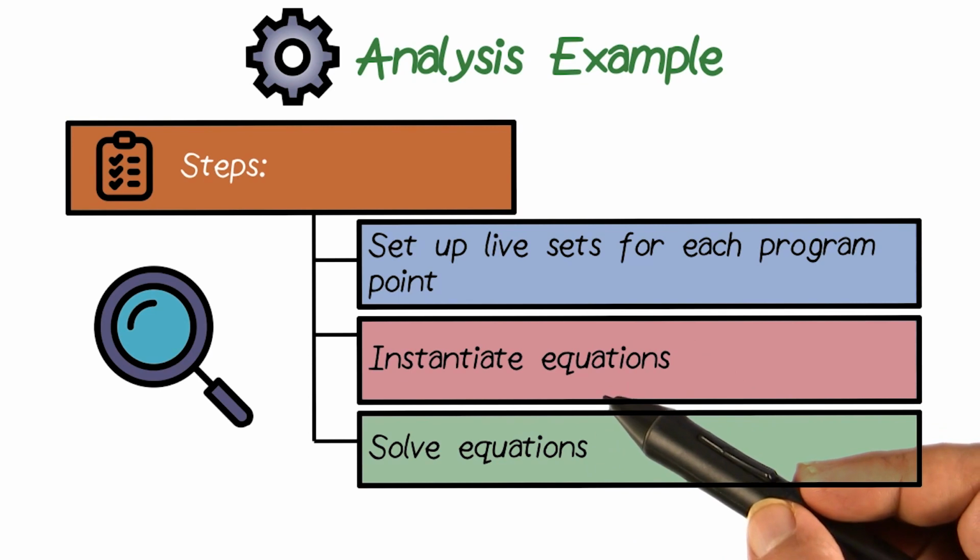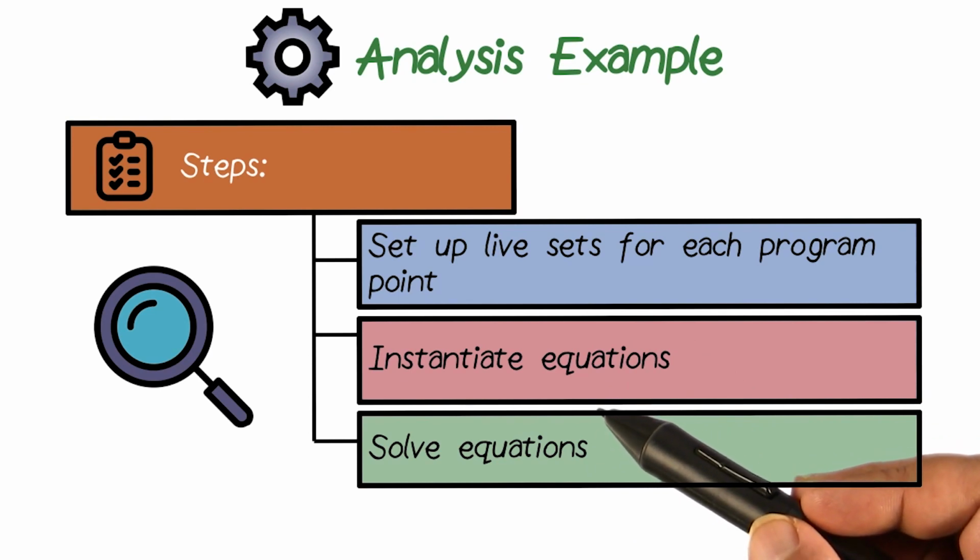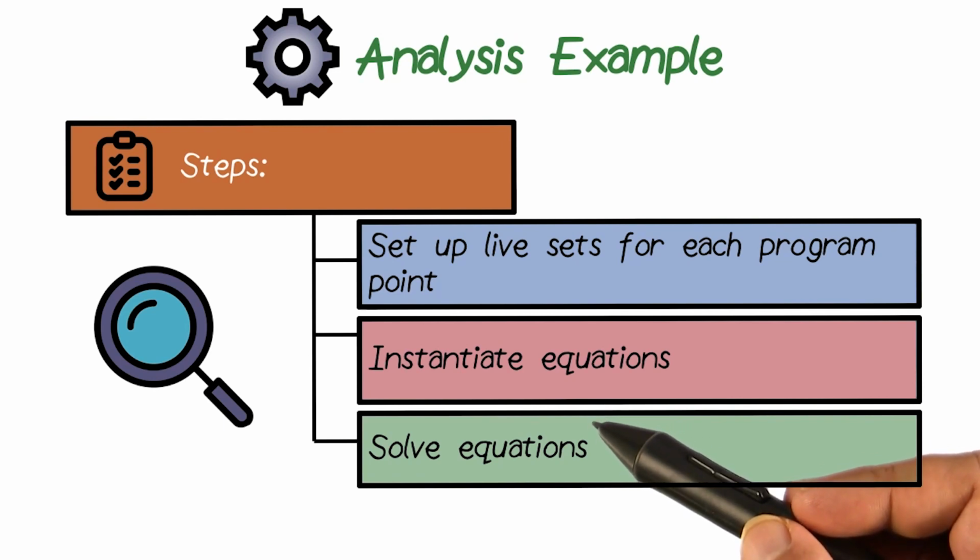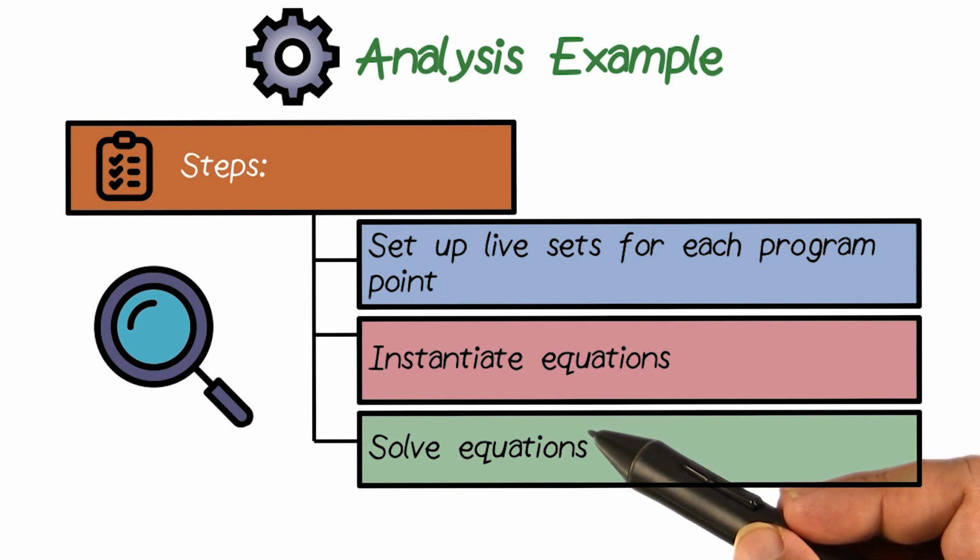When all these propagations stop growing the sets, when the sets don't change, for example, when all the in sets are stable for all the basic blocks, and when all the out sets are stable, even after propagation, that basically means that we have converged.